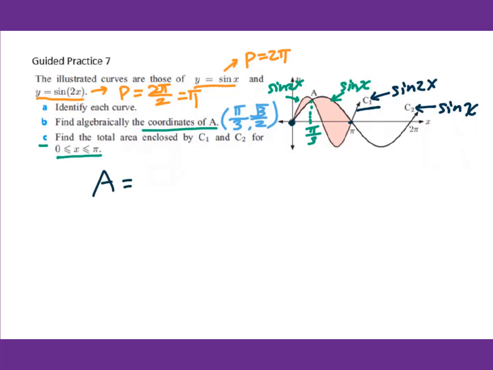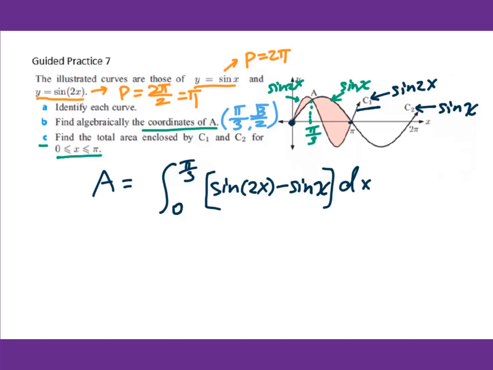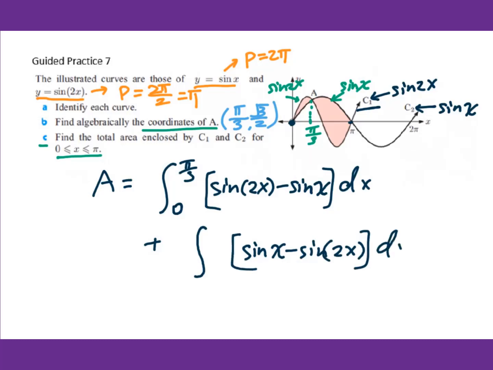Therefore, the area equals the definite integral of sine 2x minus sine x dx, plus the definite integral of sine x minus sine 2x from pi over 3 to pi.